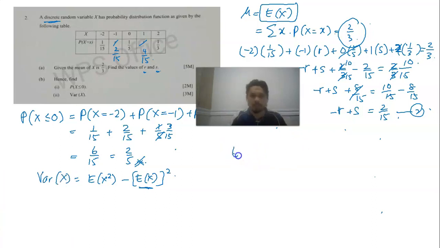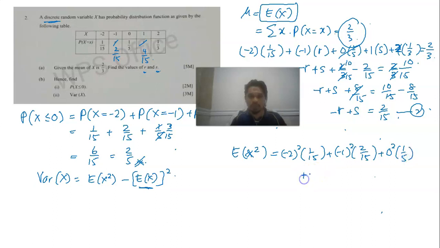So then the expected value of X squared, which is -2 squared times 1 over 15 plus -1 squared times 2 over 15 plus 0 squared times 1 over 5 plus 1 squared times 4 over 15 plus 2 squared times 1 over 3.